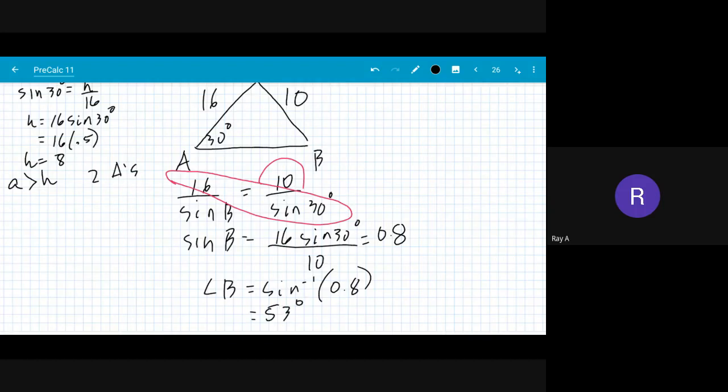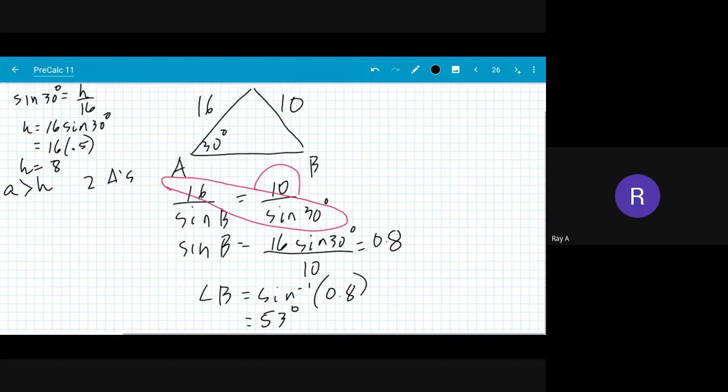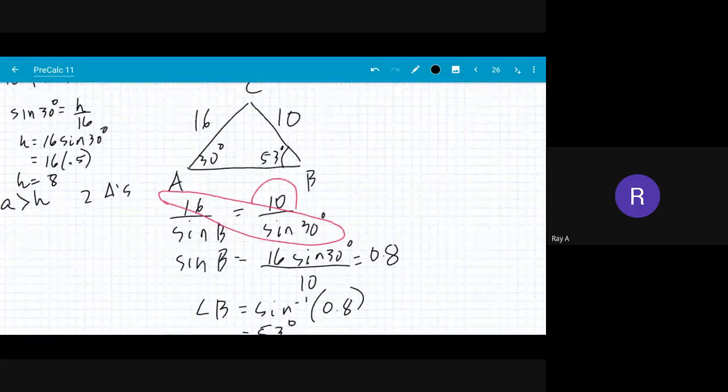So now we know that this is 53 degrees. So what about angle C? Well, angle C would just be 180 minus 30 minus 53, so that would be 97. So we found one triangle, and then I leave the other side for you to do. This is side C. You should be able to solve for that using the sine law.